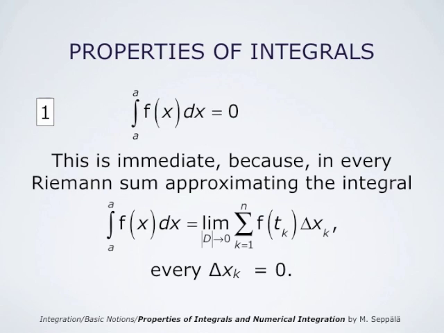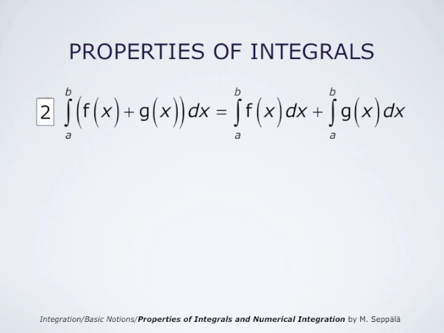And this is immediate because in every Riemann sum approximating the integral from a to a f of x dx, these terms delta of xk, which are lengths of the various subintervals into which the original interval has been divided, all these terms are 0, because the length of the original interval of integration is 0. Therefore, every delta of xk is 0, and this means that in all Riemann sums, all terms are 0, and therefore also the limit of the Riemann sums is 0.